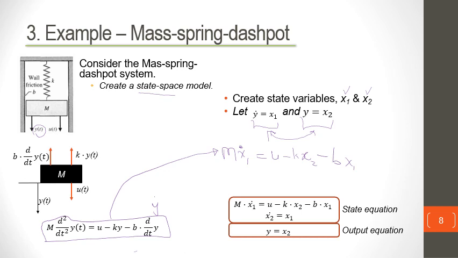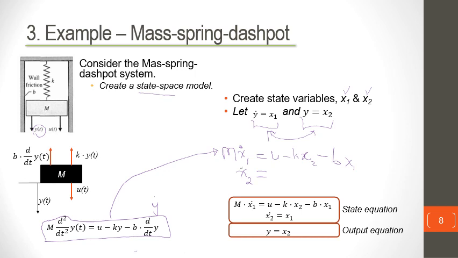Now, the differential equation has to be written for both variables, so we need to take the differential equation also of the second variable, which is x2 dot.